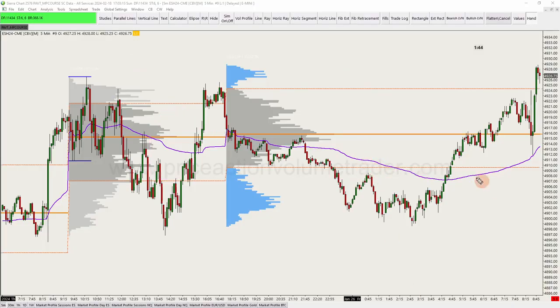But then over here, we had this break back inside the previous day's value. And remember, RTH profiles always have more significance. Also, taking into context the time of day, this was 3 a.m. right here. So this was the London Open, which usually brings in a lot more volume and volatility and the start of trending moves. And then we can see right here, this was the transition from the 4 a.m. TPO into the 4:30.